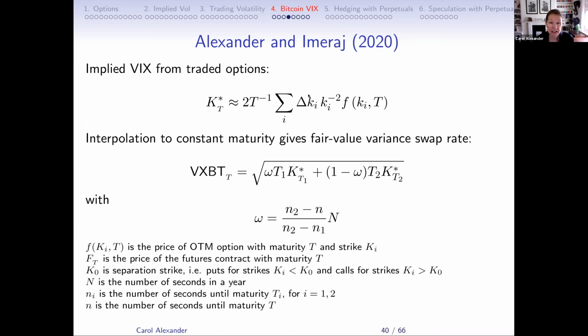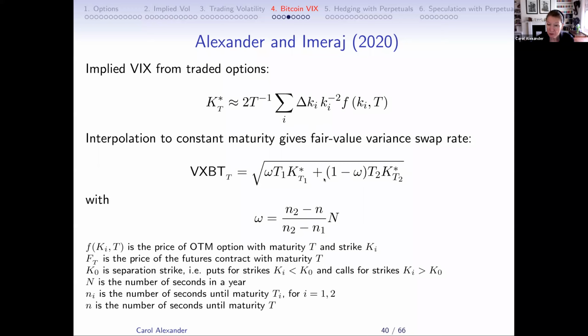So the thing is that you might have a maturity of 25 days and another one of, say, 40 days, but not exactly 30 days. So you need to use some sort of linear interpolation between the two replication portfolios.